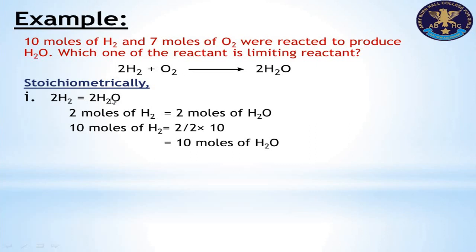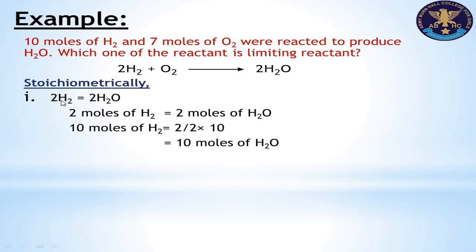So here the water will be our desired quantity and the hydrogen will be our given quantity, because the number of moles of hydrogen is also given to us in the statement of this problem.